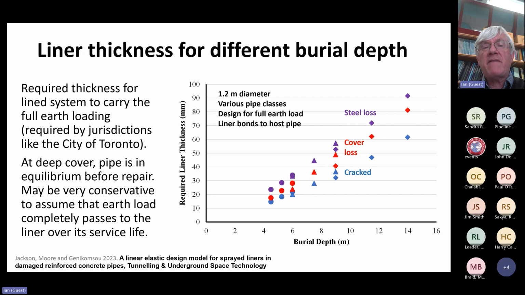It's debatable whether that full earth load moment will ever act on the liner, but they're concerned that somewhere during the service life of that repaired system, that full earth load moment will act. And this shows what the design model would say would be the required liner thickness for different burial depths based on designing for that full earth load.